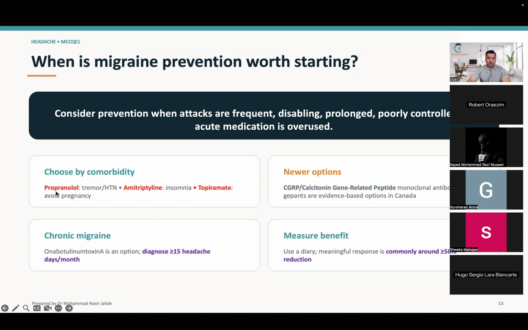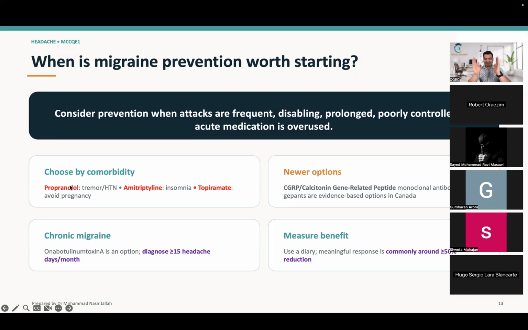Here we go. So we have propranolol, which we can call antihypertensive medication as well, but usually it is good for somebody who has anxiety, tremor, right? So for tremor and hypertension, you choose propranolol.